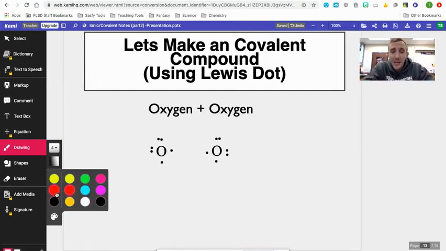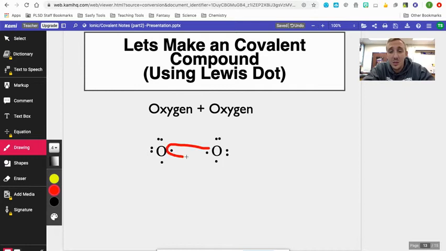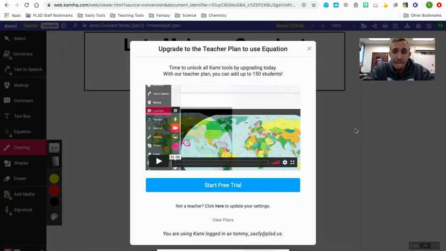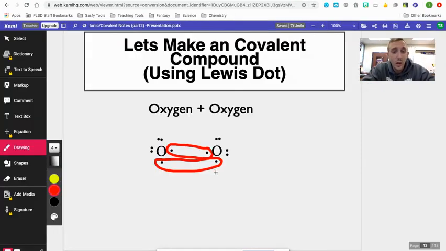Well, each one of these lone pairs wants to be together. Okay, so oxygen is actually going to share these electrons and they're going to form a bond. And they're also going to share these electrons and form a bond. Okay? And so the question is how do you draw this? Well, once again, we know it's going to have 2 bonds together or 2 lines.